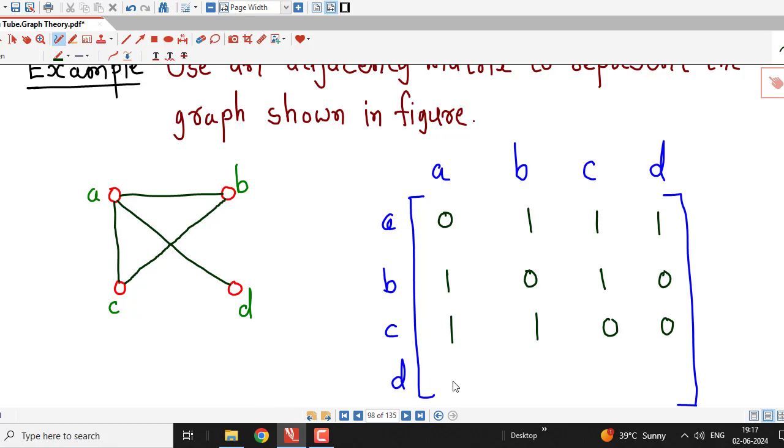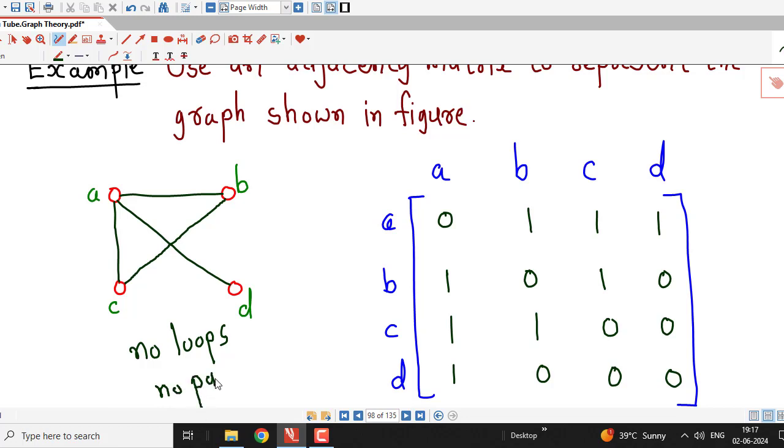From D to A there is one edge. From D to B there is no edge, so we write 0. From D to C also there is no edge, so I write 0 here, and here also I write 0. And if you observe, this is an undirected graph having no loops and no parallel edges.